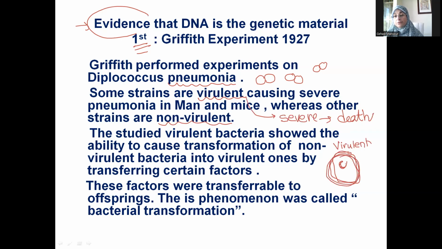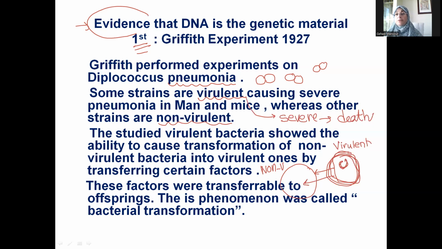So if this is the virulent bacterium and this is the DNA, Griffith discovered that these virulent bacteria, when they are cultured together with non-virulent bacteria, could transform them into virulent ones.